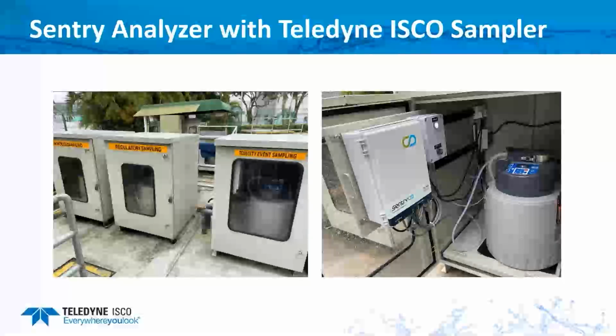So they used that sampler just for the regulatory requirement, and periodic sampling was done. And you can see the label on the right side, on the first left picture, that says toxicity event. So that was used only for the toxicity event. Whenever the event takes place, they take samples.